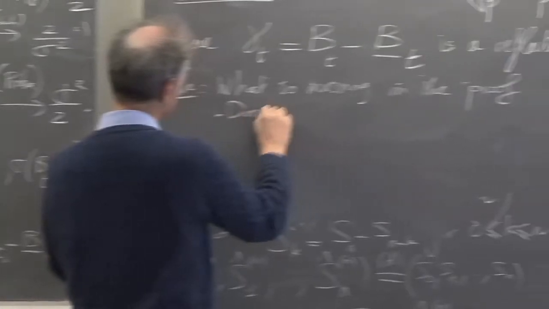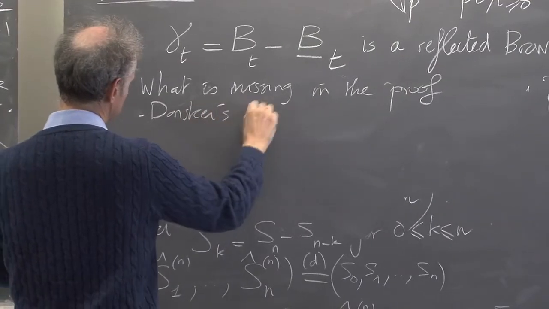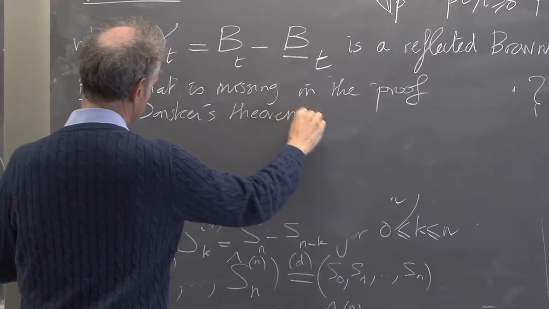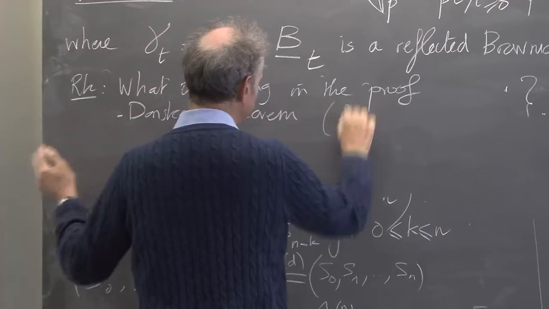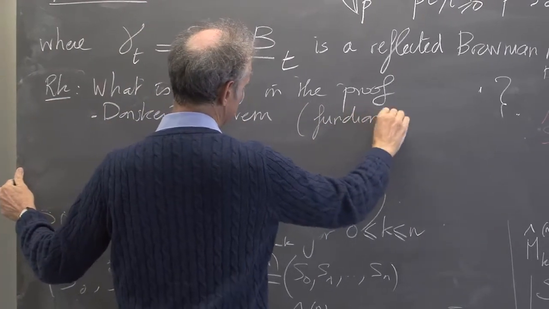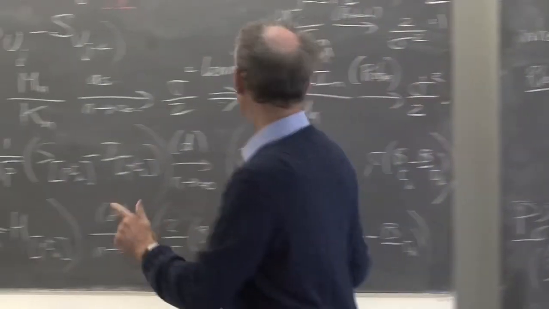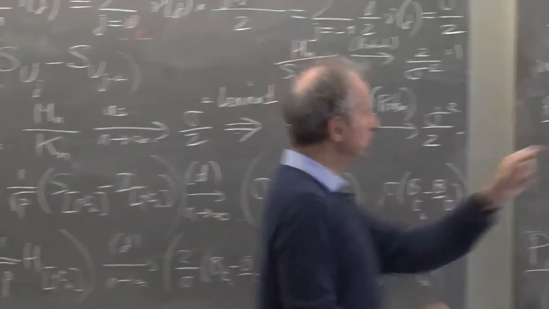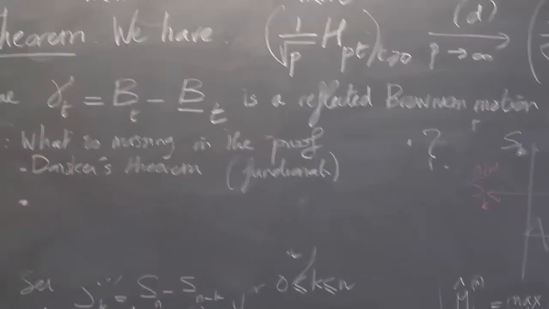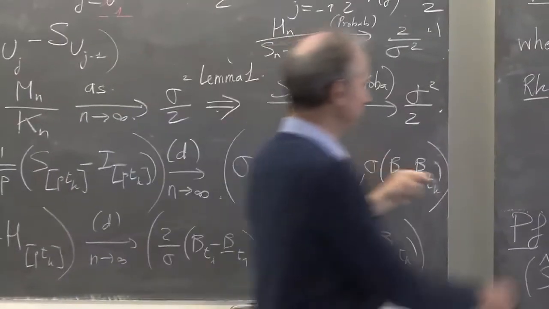You use Donsker theorem. So this is, okay, I told you this is in the functional sense. No problem for that. But the other ingredient is this. The fact that you can replace your H by Sn minus In. Okay.